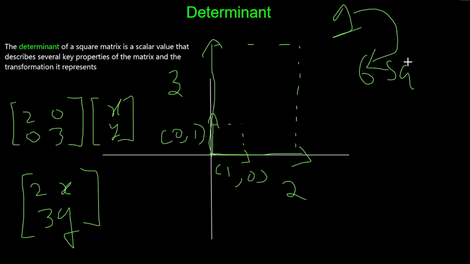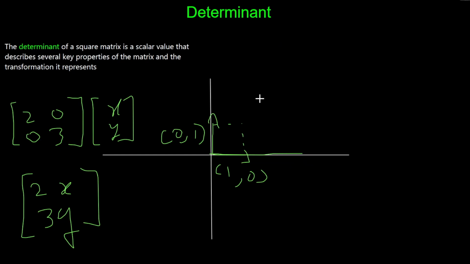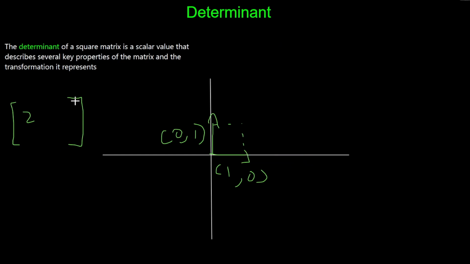It can also be decreased. Also, it can be negative, depending on the matrix or the transformation we apply. This is just a simple example for understanding what a determinant is. In general terms, let's put the transformation matrix as A, B, C, and D, and we are doing a transformation on a vector.